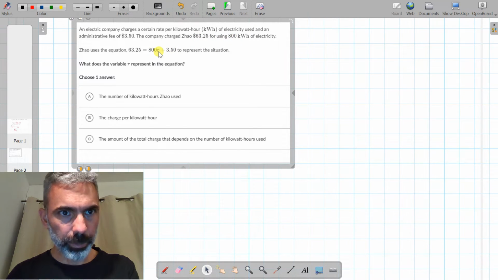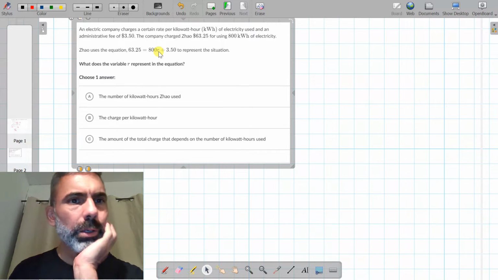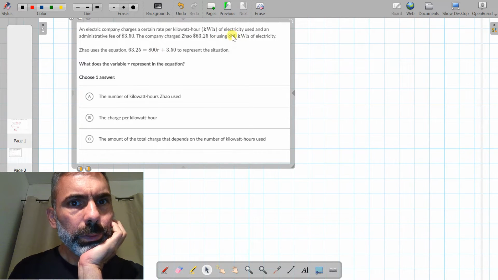Okay, so R represents the rate per kilowatt hour.